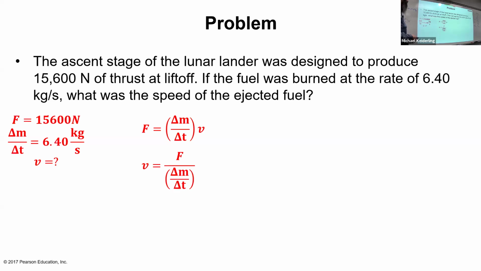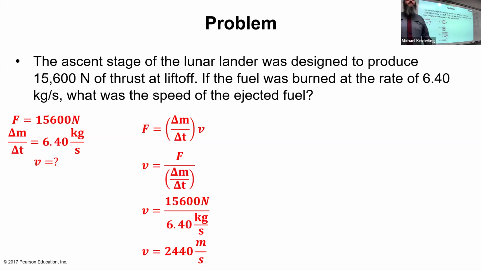So v is going to be force divided by delta m over delta t. So that's 15,600 newtons divided by 6.4 kilograms per second, or 2,440 meters per second. That is how fast the material is coming out of the nozzle, theoretically.